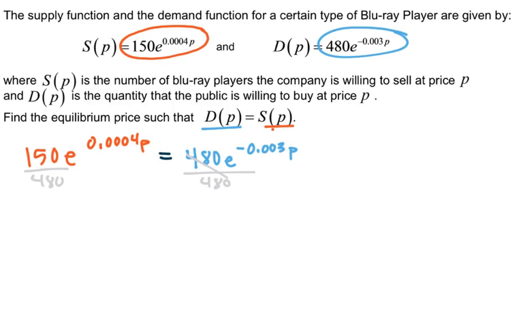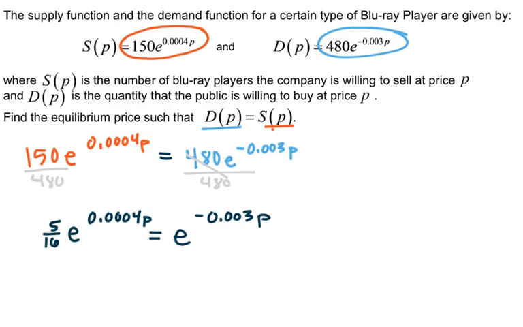That leaves me with 500 over 408 e to the 0.0004 P equals e to the negative 0.003 P. And you may have noticed I left a 0 out over here on the left. We need 3 zeros in front of that 4 P. And the fraction can reduce, so I'll just do that to clean this up a little bit.